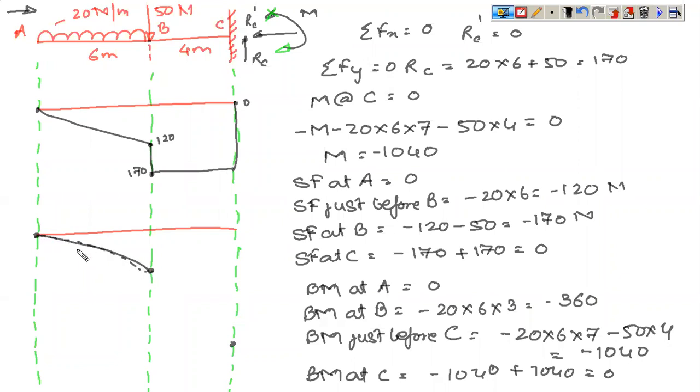Now, if you see, this parabola is of the opposite shape as we had drawn on the other side of the beam. Okay, if you draw this parabola on the other side of the beam, it is represented like this. This is its mirror image.